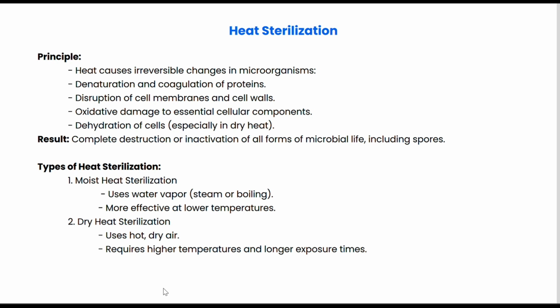This method needs higher temperatures and longer exposure times because air is less efficient than water at transferring heat. Both methods are incredibly useful depending on the material being sterilized and the required level of sterilization. In the next sections, we will dive deeper into each method separately, starting with moist heat sterilization.